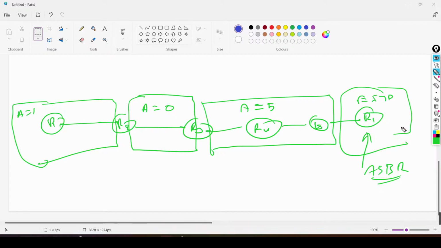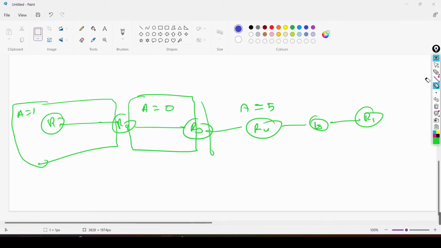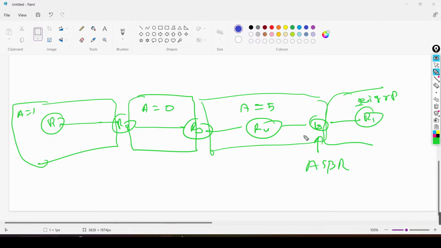Or you can consider it like this. Let me change here also. Suppose this is my EIGRP domain. Getting my point? This router will become what? ASBR. So this router will turn on which bit? E bit. Router 4 will come to know that router 5 is my ASBR.